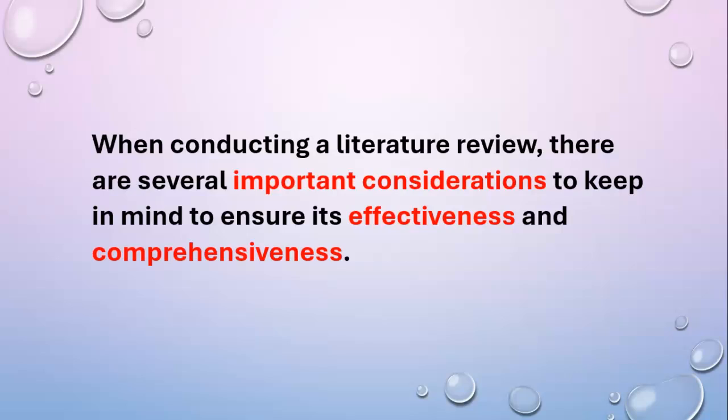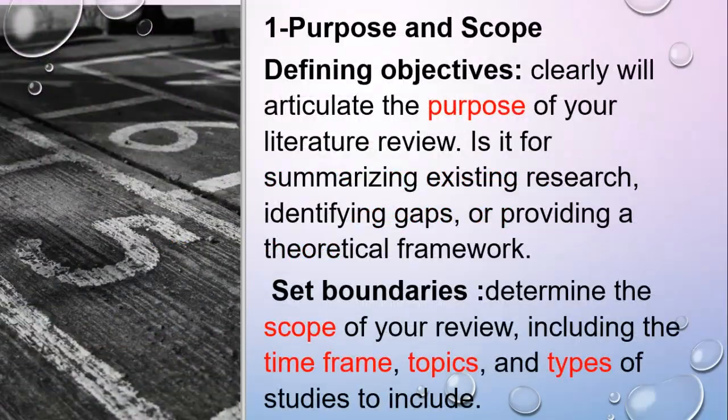The first is to set the purpose and the scope of your study. You have to be very clear in your mind about the scope and the purpose of your study, and that is by defining the objectives. Clearly articulate the purpose of the literature review.